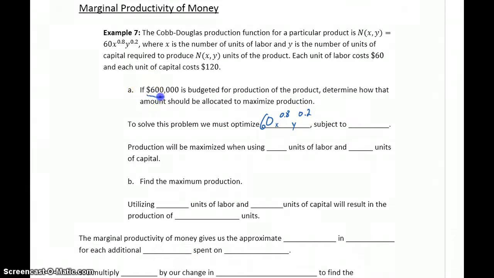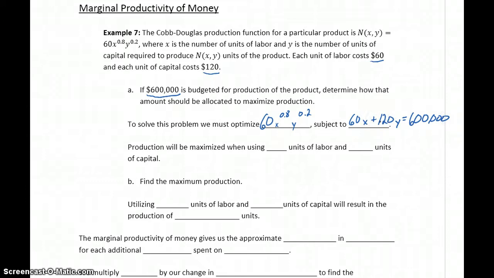In this case, we have $600,000 that's budgeted. Units of labor cost $60, units of capital cost $120. So we would have the constraint of 60x plus 120y equals 600,000.